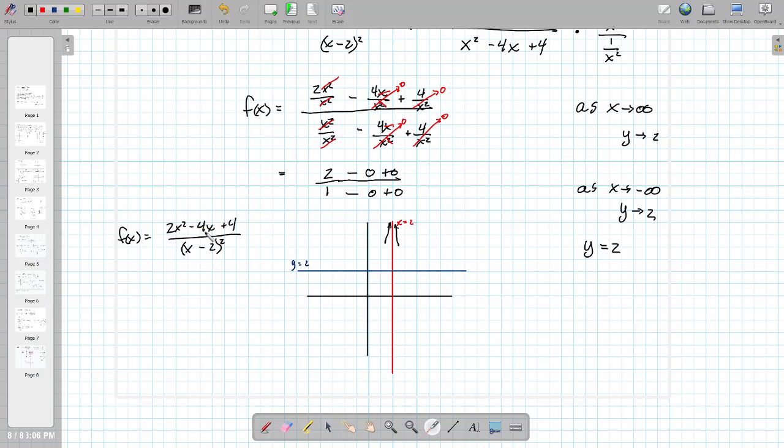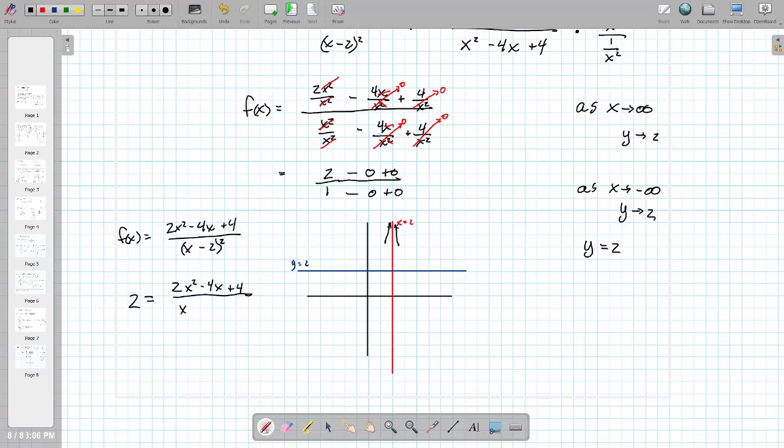And we're asking ourselves, do we ever cross the line y equals 2? So what we're saying is, does this y value ever reach 2? So we set our y value equal to 2, and we can determine if we ever reach that y value.